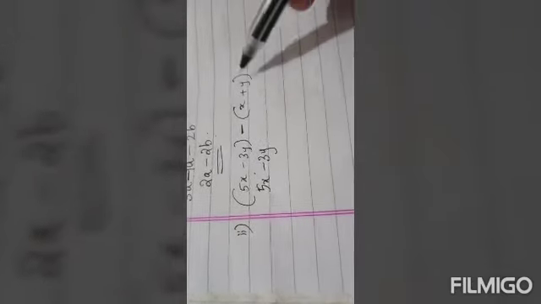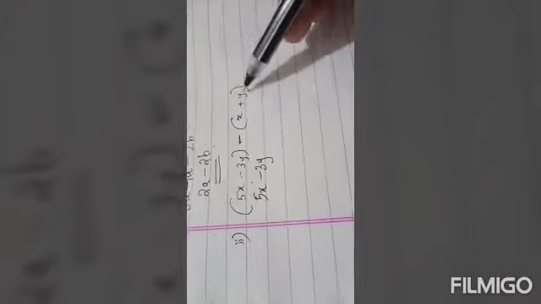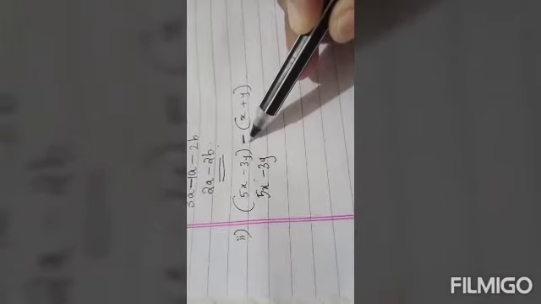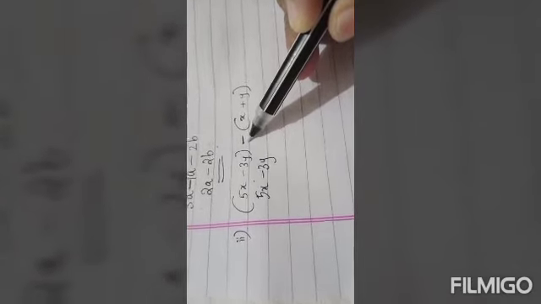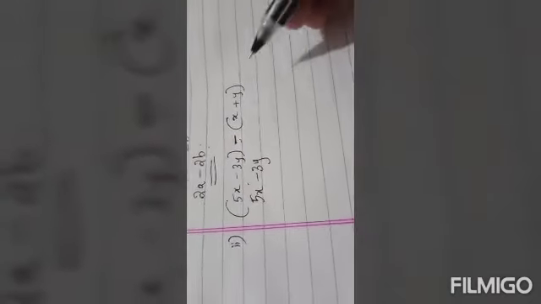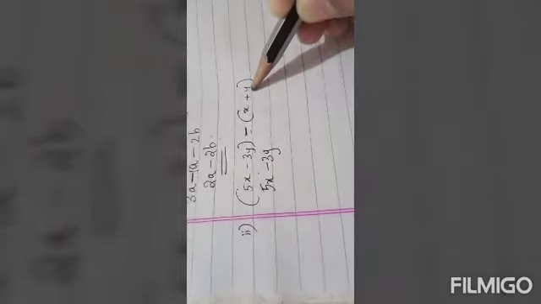Okay, next we can move to the next bracket, x plus y. Okay, before this bracket there is a negative sign. Okay, so you have to open or remove the bracket by changing the sign of each term inside the bracket. So here, inside the bracket the terms are x and y.